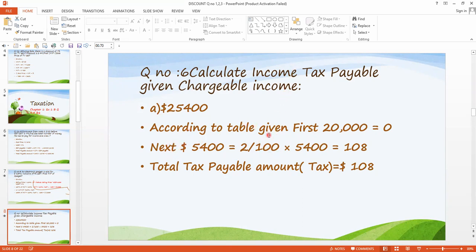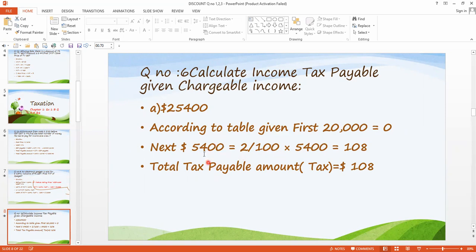According to the given table, the first 20,000 has no tax. The first 20,000 of income is tax-free. We have a total of 25,400, so 20,000 is tax-free. How much income is left over? Simply subtract 25,400 minus 20,000, it becomes 5,400.